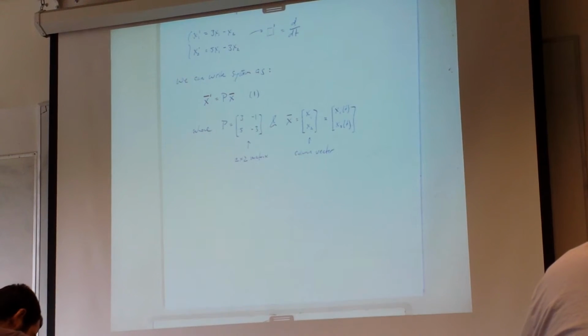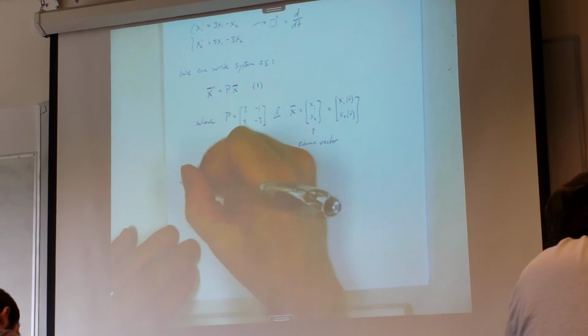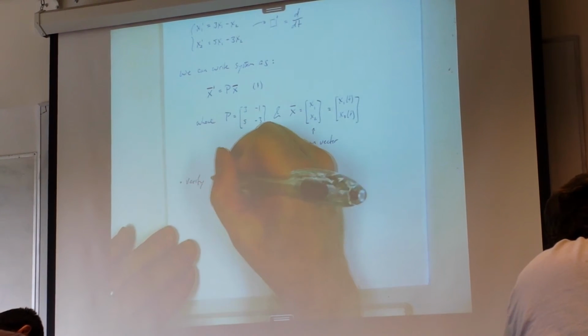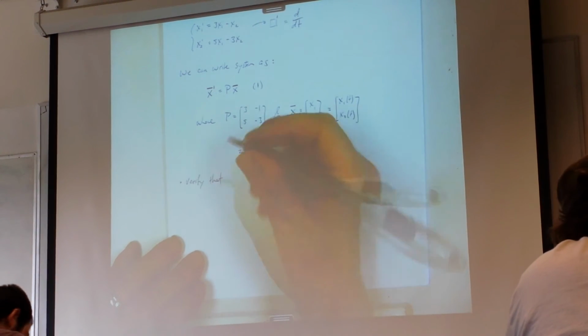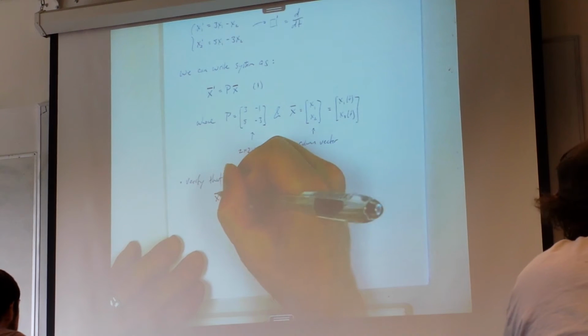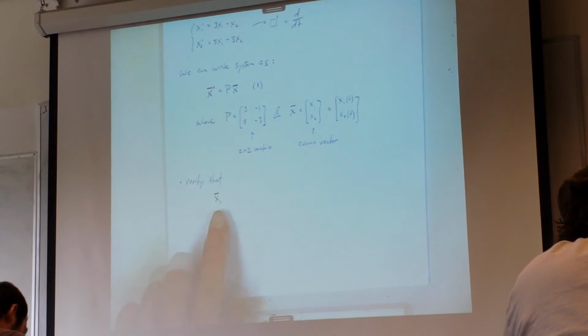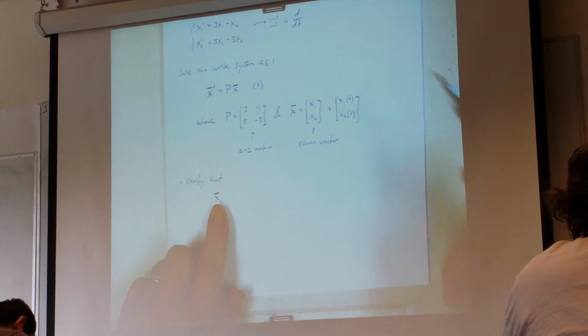So one thing we can do, we're not solving this one yet, but verify that x1, and this is where the notation gets nasty, one solution, x1 bar. So this represents one particular solution of this system.